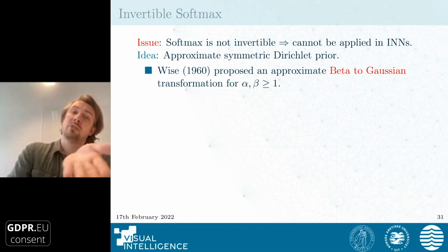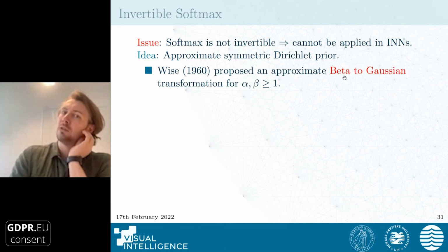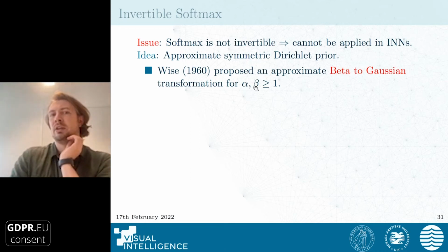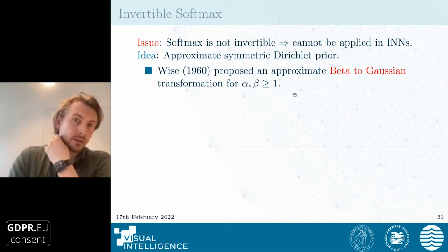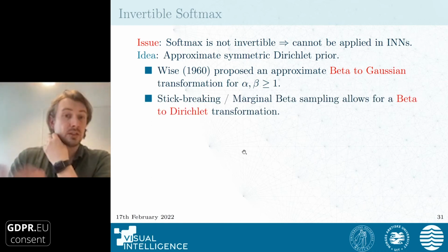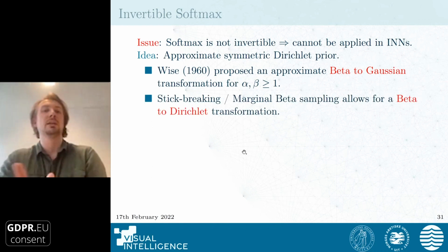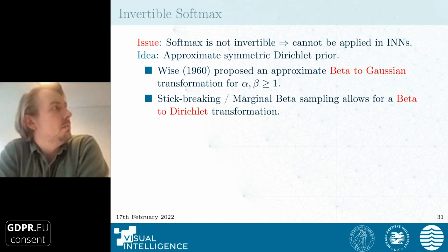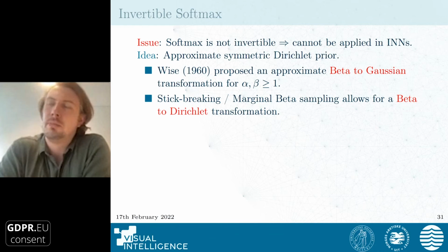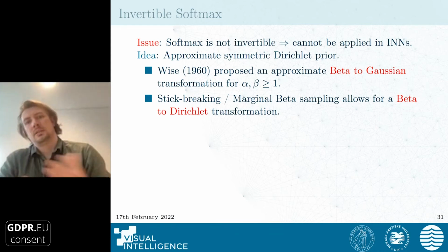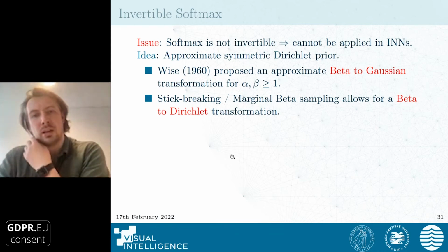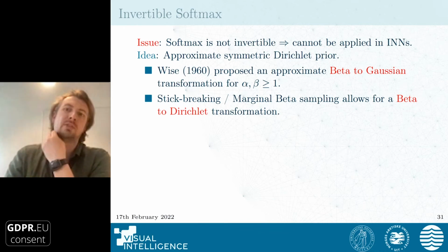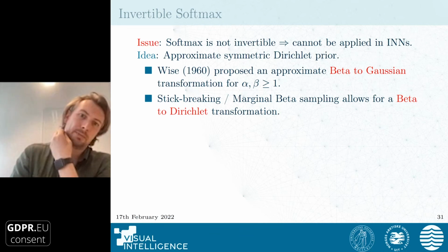So WISE has an approximate beta to Gaussian transformation, given that alpha and beta are greater than 1. In addition to that, stick breaking, which is a common method for constructing a Dirichlet process in Bayesian non-parametrics. This stick breaking process allows for a beta to Dirichlet transformation. So this means that we can go from Gaussian to Dirichlet.